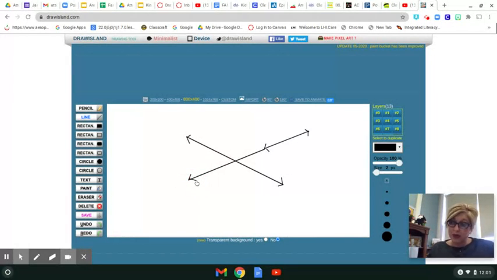So when I drew them originally, they didn't look like they were intersecting, but remember, lines go forever in both directions. So sometimes you have to think about the path that it would travel if it was showing you that. So that's where it gets a little bit tricky. Okay. Are these two lines perpendicular? No, they're not. They're just intersecting.